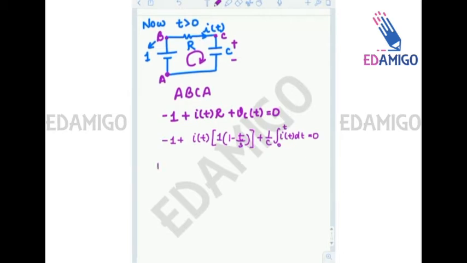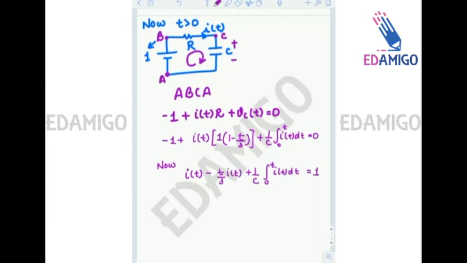So now we have i(t) minus t by 3 i(t) plus 1 upon C integral i(t) dt is equal to 1. Now this is the equation.